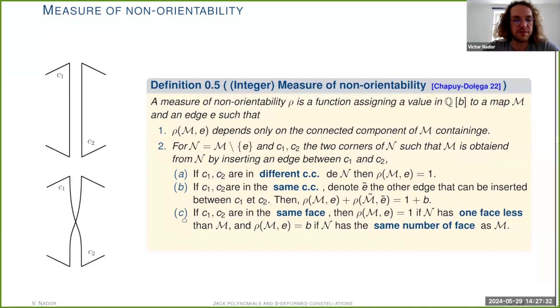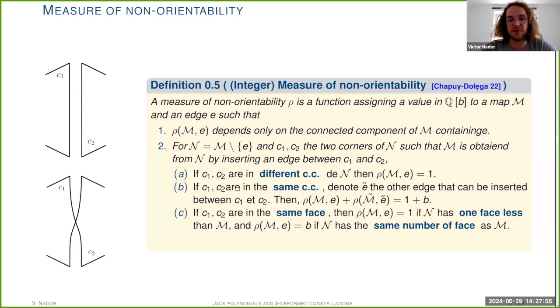Then we have different cases depending on how the two faces bordering the edge behave. If my two corners are in different connected components, so that by adding my edge I'm connecting two different connected components, then I want this weight to be always 1.